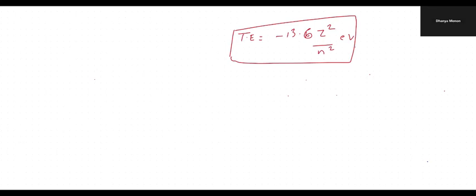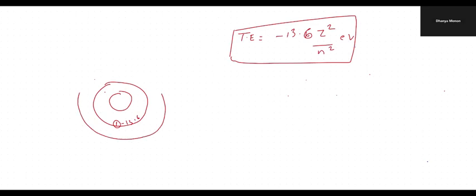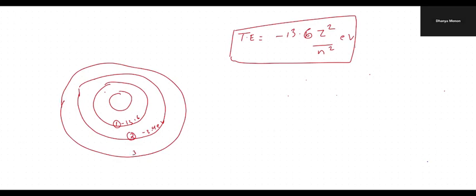For example, this is the first shell, minus 13.6 electron volt. This is the second shell, minus 3.4 eV. This is the third shell, which is minus 1.5 eV, and so on.